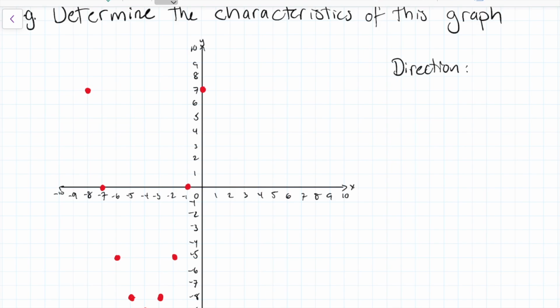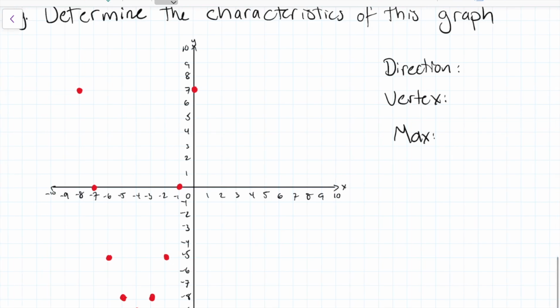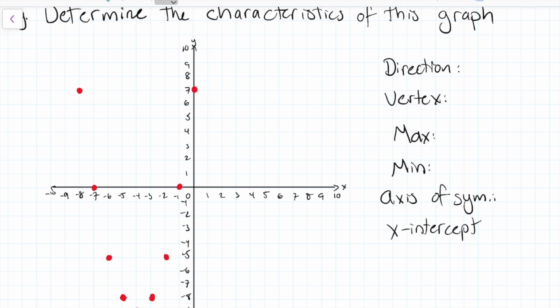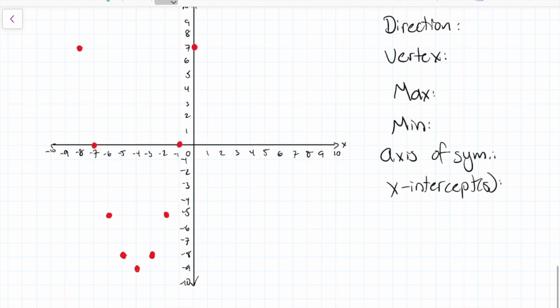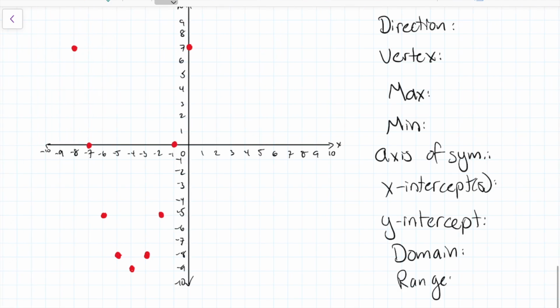So we're going to have our direction, our vertex, our maximum value, our minimum value, axis of symmetry, x-intercept or x-intercepts, y-intercept, and then lastly your domain and your range. Okay, so go ahead and pause here. Come back once you're done.